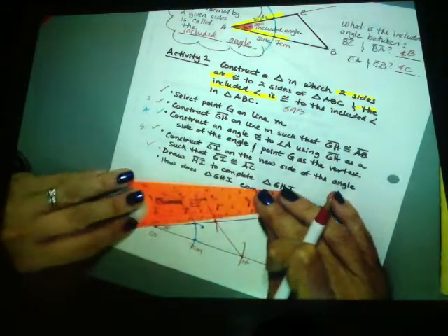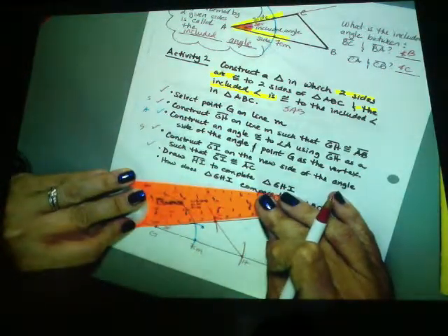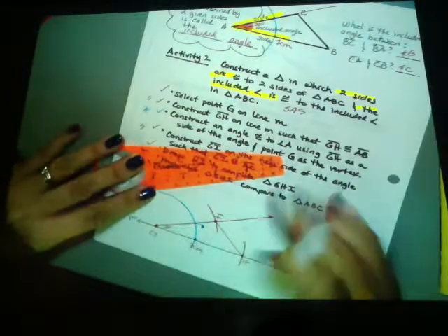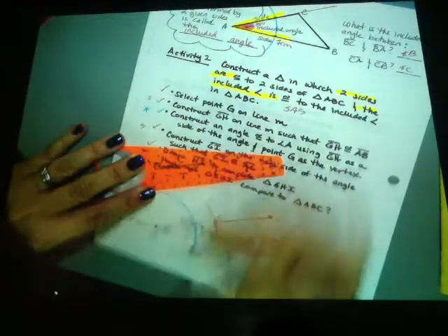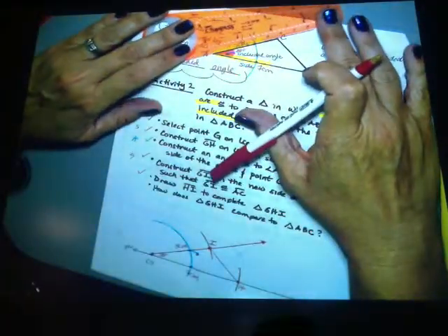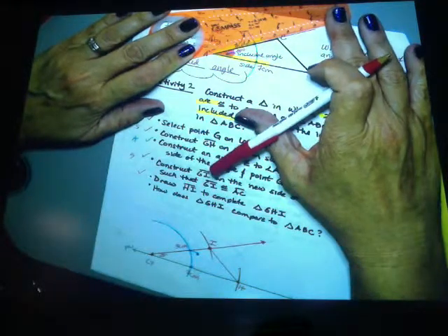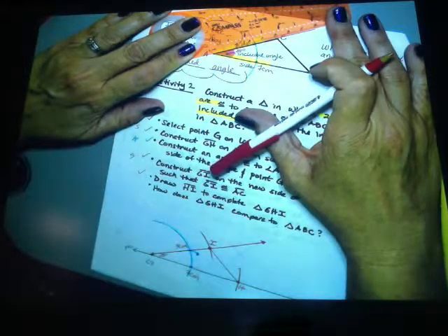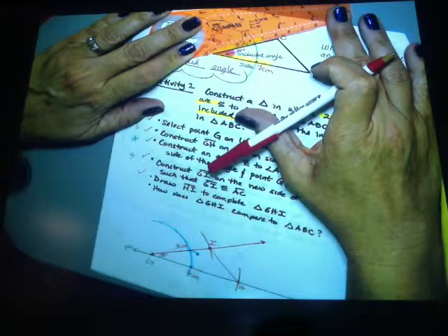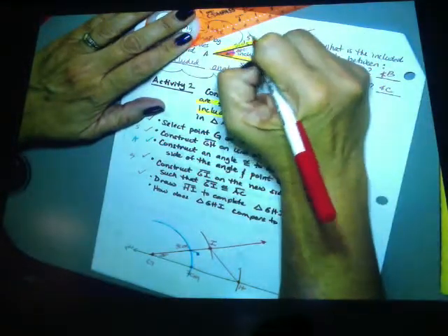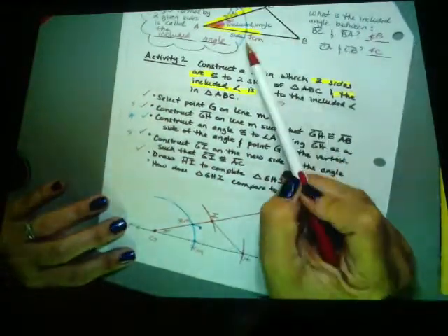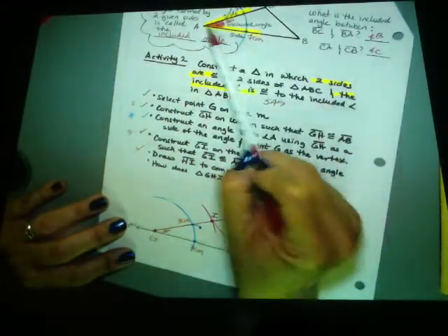All right, so this side, would you agree is 5 centimeters? And then this side is also close enough to 5 centimeters. So we have proven our angles are congruent by side, angle, side.